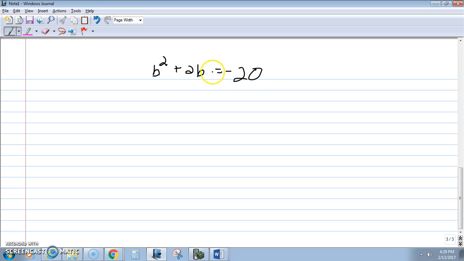All right. So look, I don't have to move the 20 over. I already have my b's on one side and this negative 20 on the other side. So let me see if my intuition is correct. Here, I need to take half of 2, right?